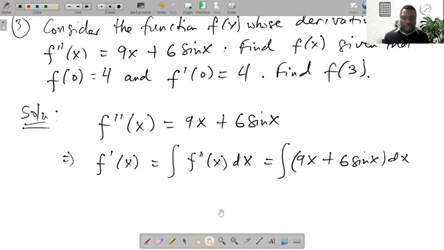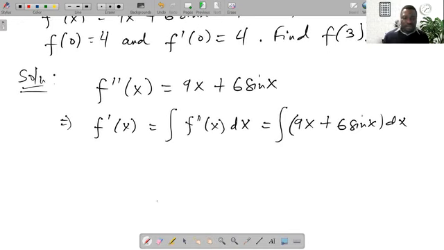Okay, so basically what it means is that then we're going to take the antiderivative, or the integral, individually. This is going to give me 9x dx plus 6 sine x.